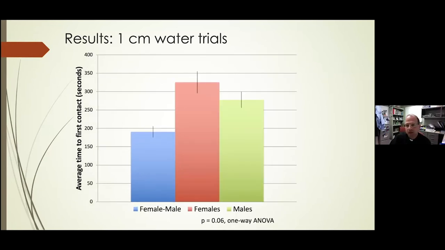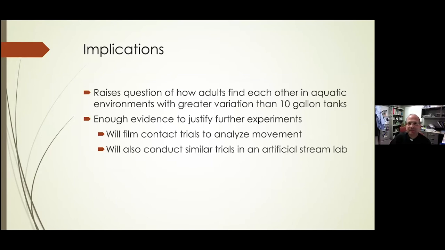Even if you separate it out and do the ANOVA, it's 0.06, so almost significant. So when you reduce the variation and just have that 1 centimeter of water, it does yield results that are more consistent with the hypothesis.